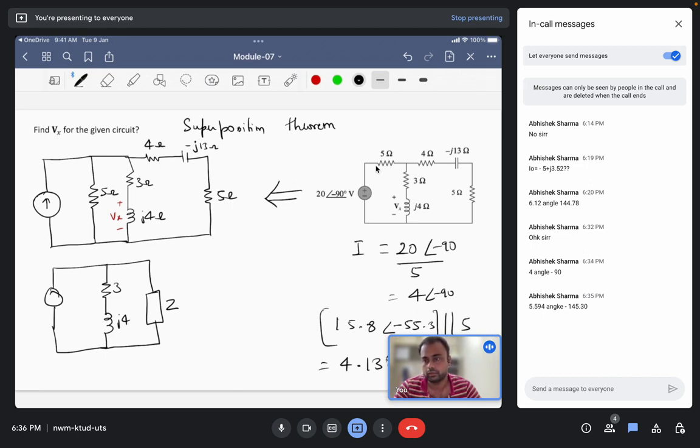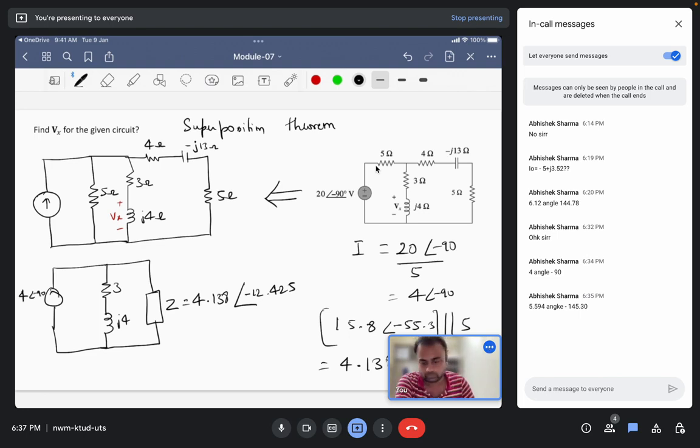So this comes out 4.138 angle minus 12.425. So this is Z, 4.138, and angle is minus 12.425, and we also know the current, that is 4 angle minus 90 degrees.